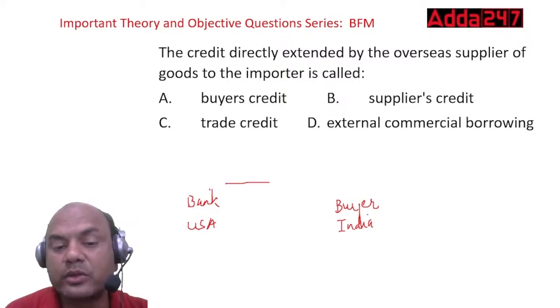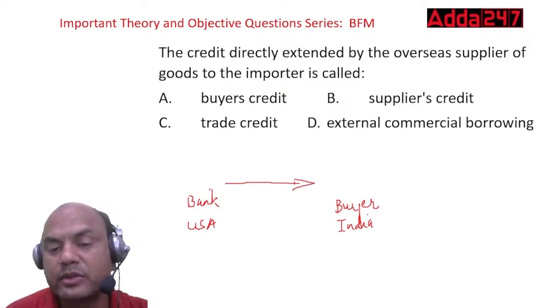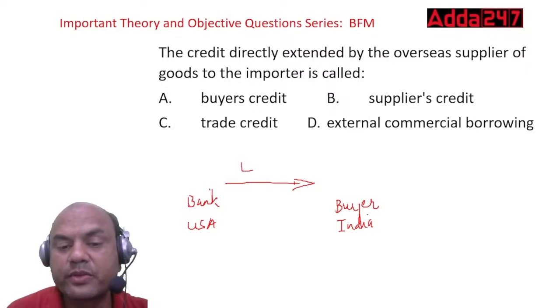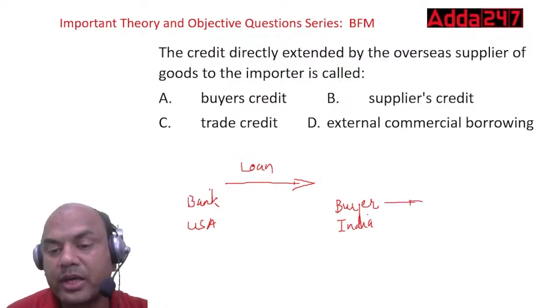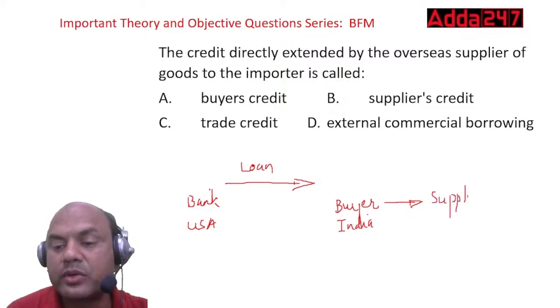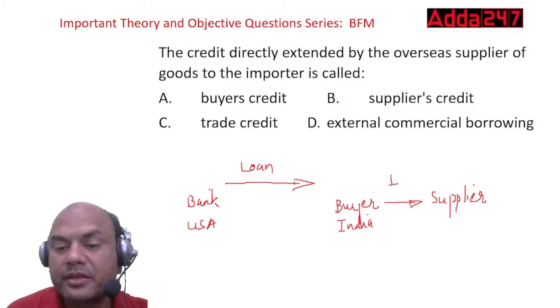Suppose the loan was received from this bank in USA. This loan is received by this buyer, and this buyer paid the supplier immediately, today only.